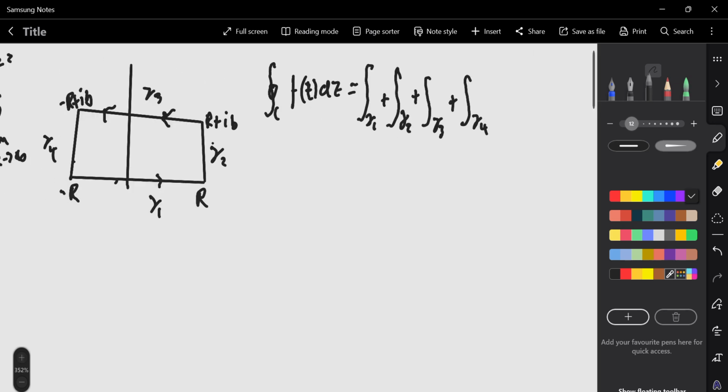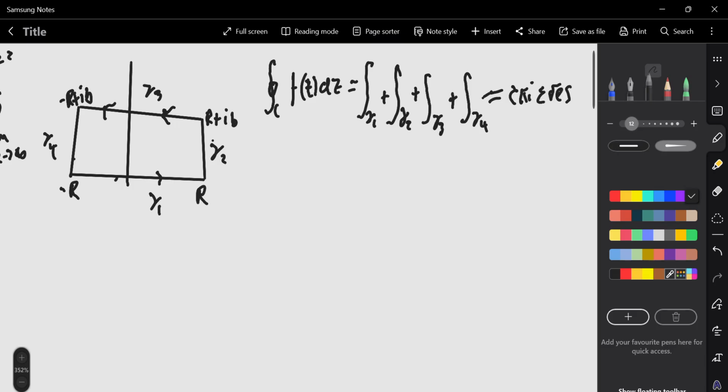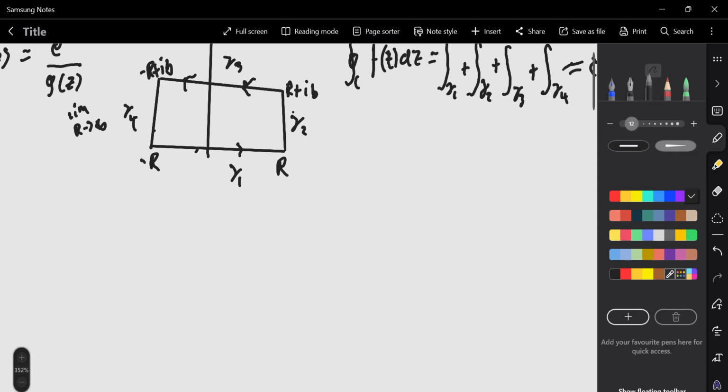And we know that this equals 2 pi I times the sum of our residues, using our formula. There's also going to be this singularity.